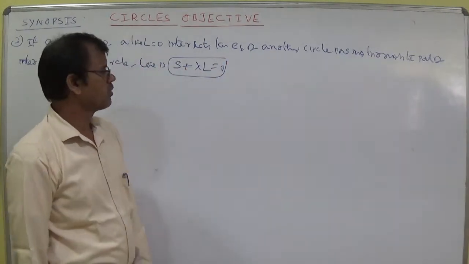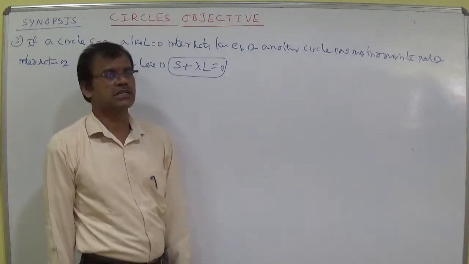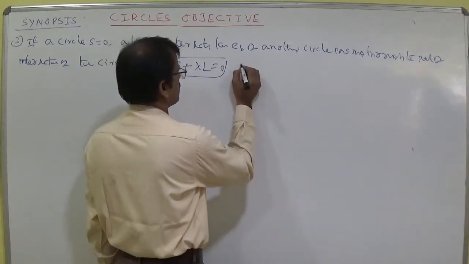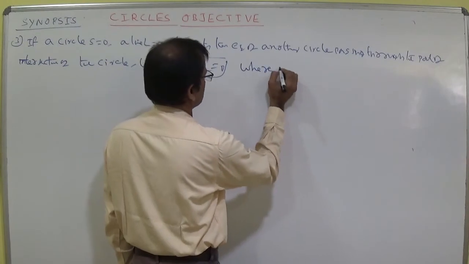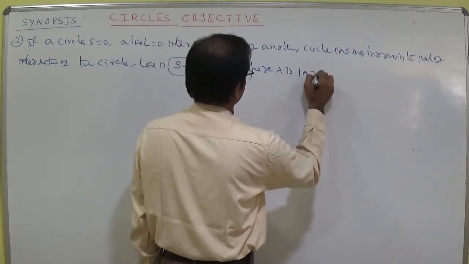This is an objective formula you will be learning in the system of circles, next chapter. S plus lambda L equal to 0, where lambda is a parameter.